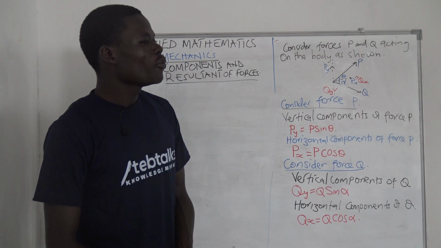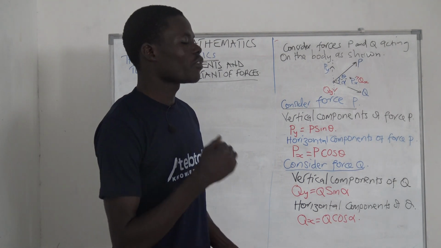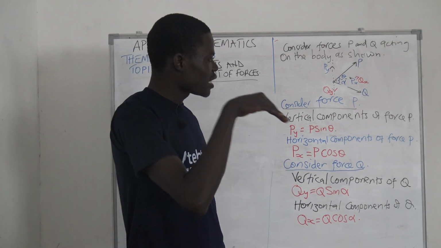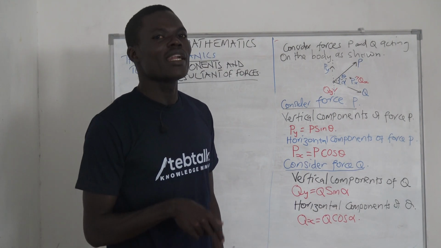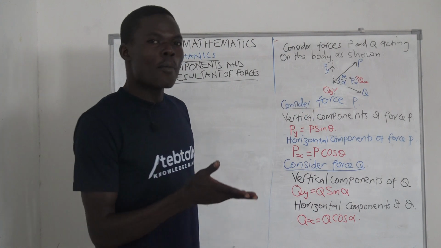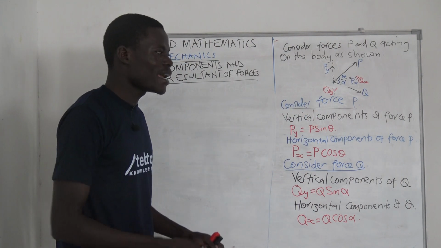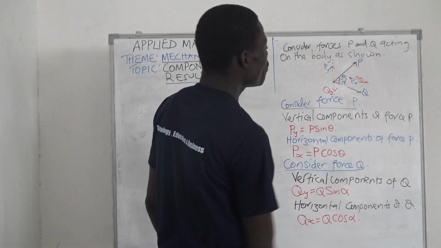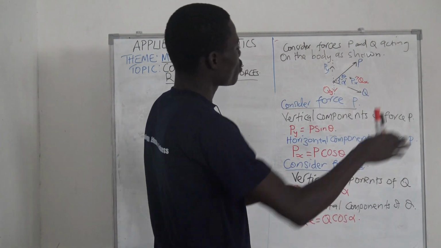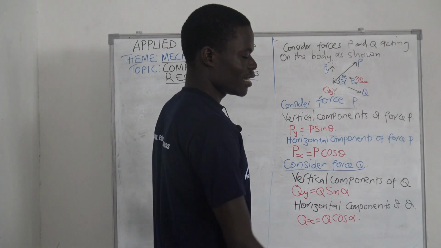You first look at the direction of the force. If the force is slanting downward, its vertical component will be downward. The horizontal component takes the direction where the force is going. For example, if it is going to the right, its horizontal component will also be to the right.